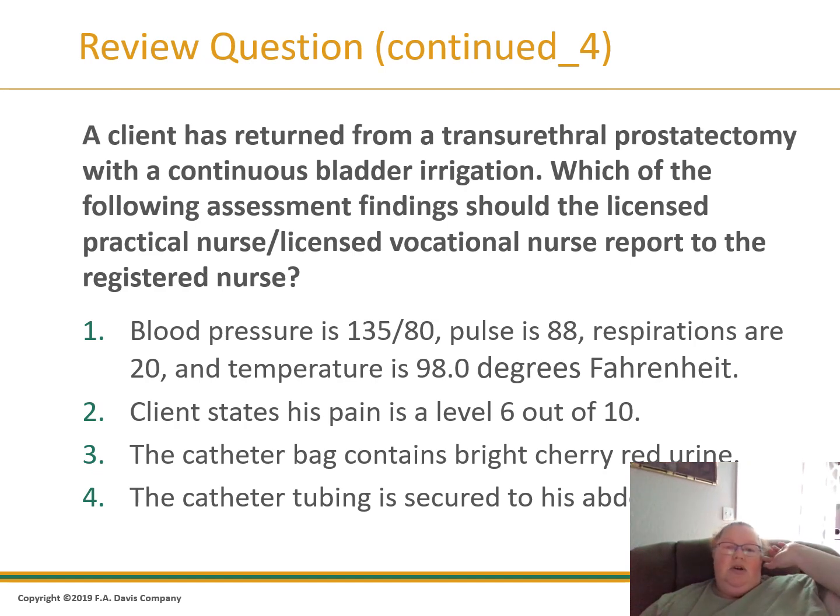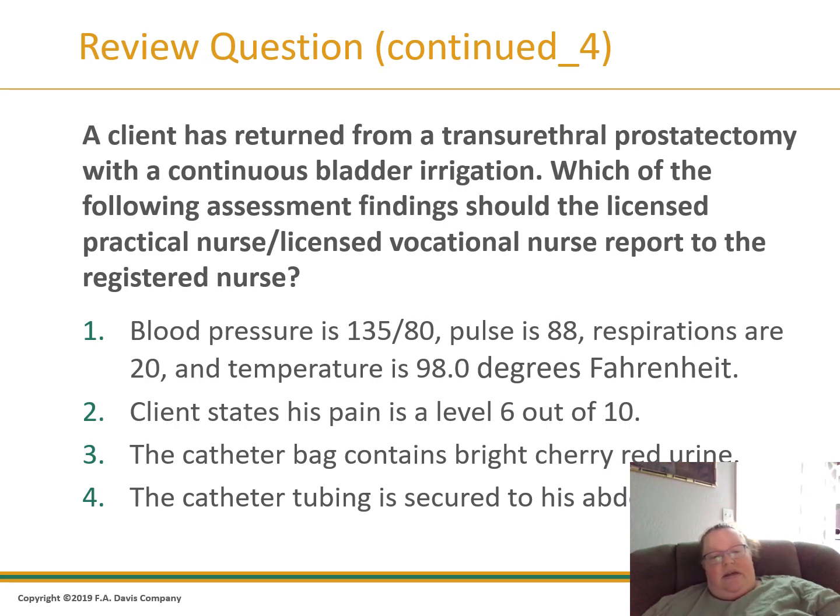A client has returned from transurethral prostatectomy with continuous bladder irrigation. Which of the following assessment findings should the LVN report to the registered nurse? A blood pressure of 135/80 with a pulse of 88. Respirations are 20 and temp is 98. Client states his pain is a 6 out of 10. The catheter bag contains bright cherry red urine.